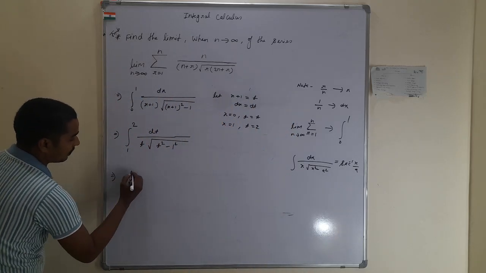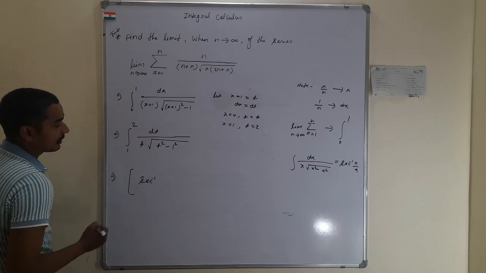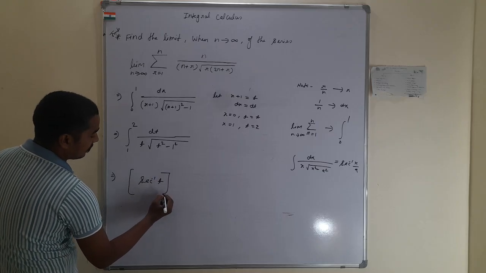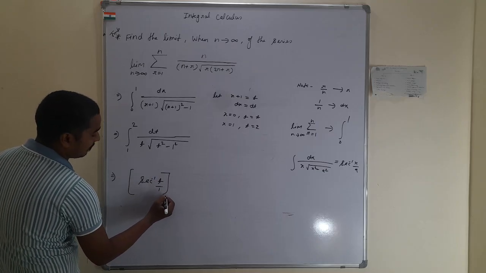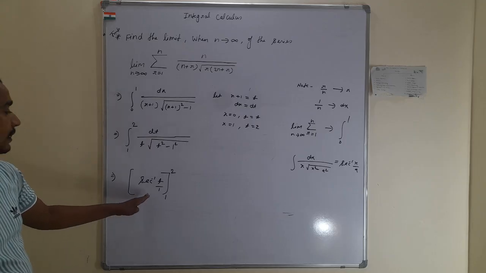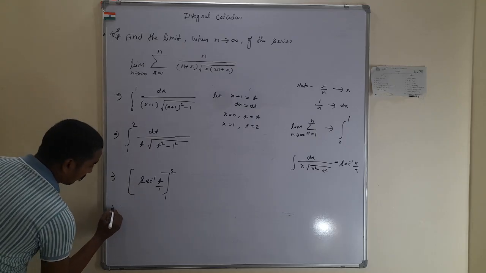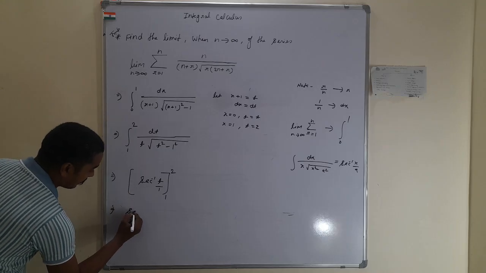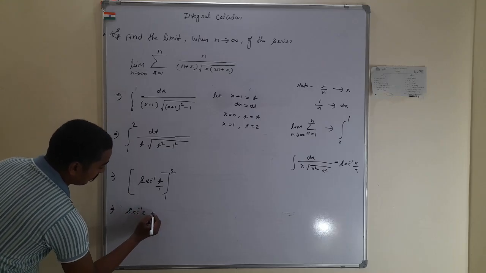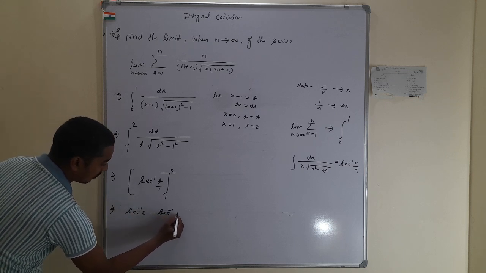This gives sec inverse of t by 1, and here limit is 1 to 2. And we put the limit here. First we put the upper limit. This gives sec inverse of 2, and when we apply lower limit, this gives sec inverse of 1.